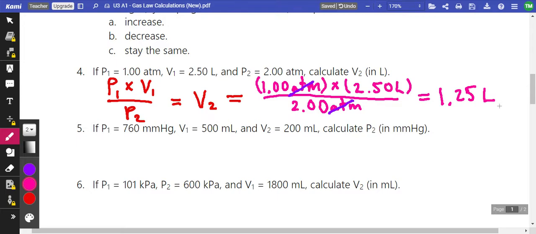Now, we don't always have to use liters. In the next problem, we're going to be looking at milliliters. And we also don't have to keep using atmospheres for our pressure units. Atmospheres is popular with chemists. I tend to like it because the numbers are nice and easy and small.